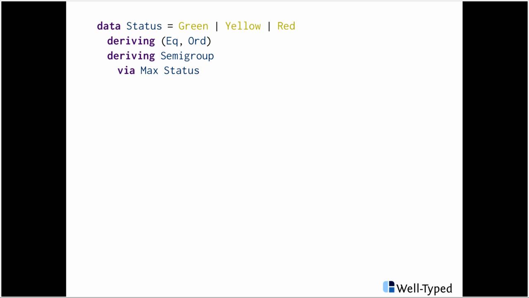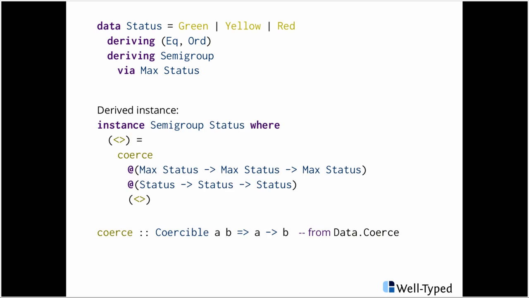So if we go back to our Status data type, and we wonder what does it actually do. So if we write down deriving Semigroup via Max Status, what does GHC actually do in the background? Then the instance that is actually being generated looks like this.